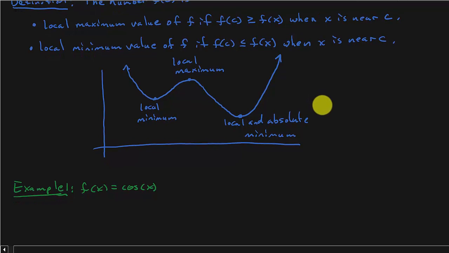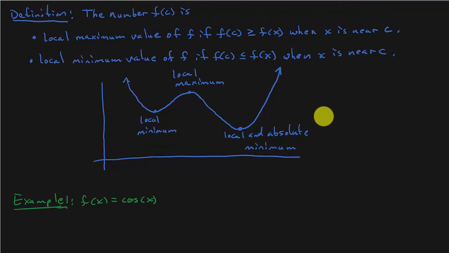So here's something so you can picture it. We have a graph here. Notice how it comes down, goes back up, and then comes down again and goes back up. This graph just keeps going to infinity.